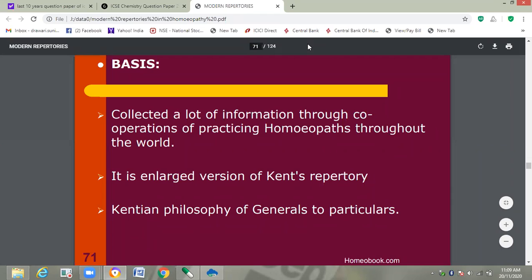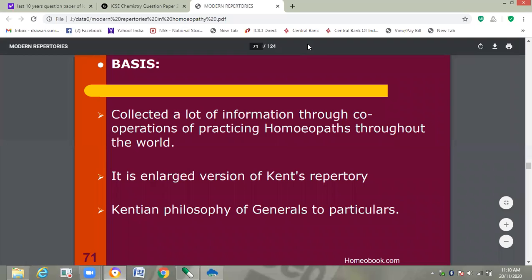So he made some changes in the construction of Kent repertory, and he gave us a more comprehensible book in the form of Synthesis Repertory. As I told, it is the enlarged version of Kent repertory.